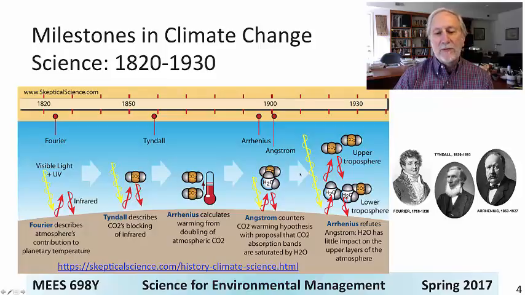There were controversies at the turn of the century related to whether this was actually going to happen or whether there were some other effects, interaction with CO2 and water vapor. And Arrhenius then refuted these criticisms and showed that water vapor, H2O, has little impact on the upper layers of the atmosphere.